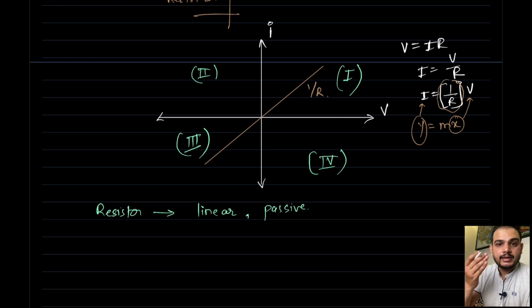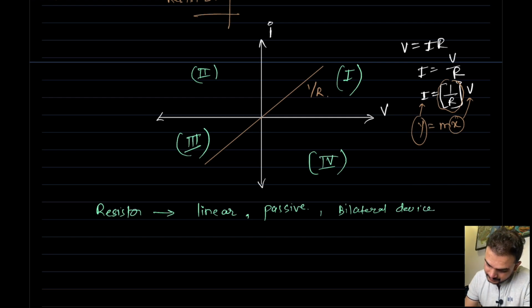They are linear, passive and bilateral devices. The characteristics of all three lie between the first and third quadrant, so they are passive and bilateral, independent of the direction of the current. This resistor is a linear, passive and bilateral device.